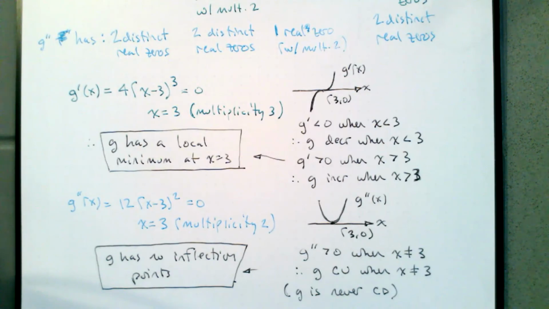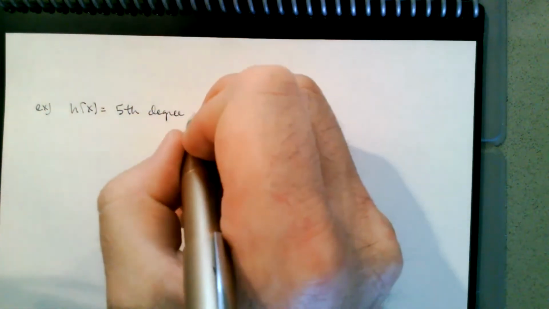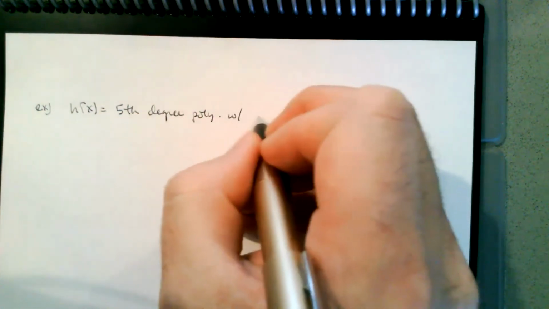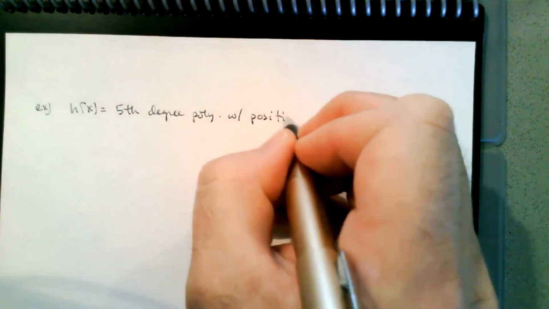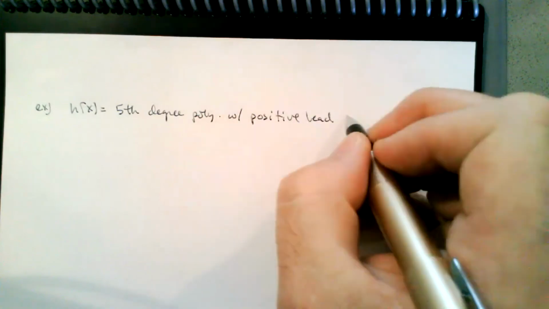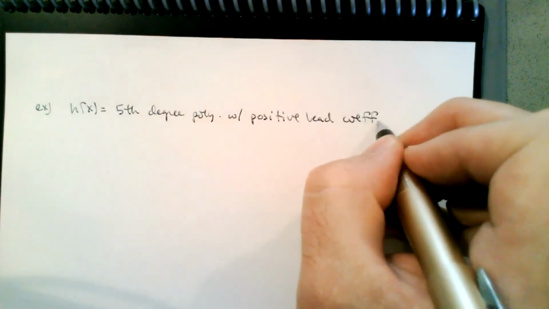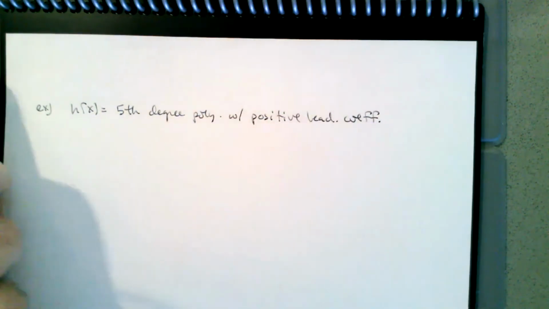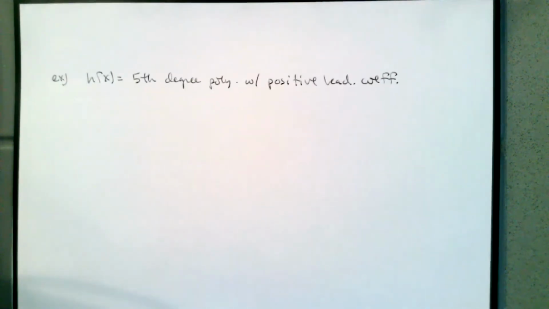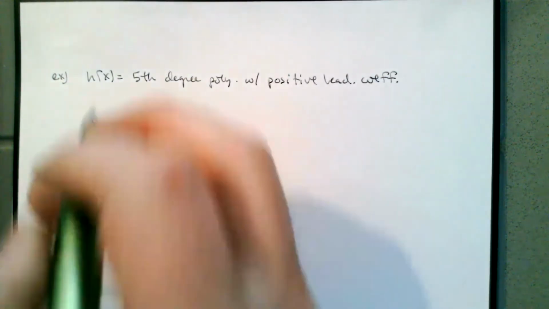We could think about all the things that would happen with a fifth degree polynomial. Let's suppose h of x is a fifth degree polynomial, let's say with a positive leading coefficient. That tells us that h prime is going to be a fourth degree polynomial.